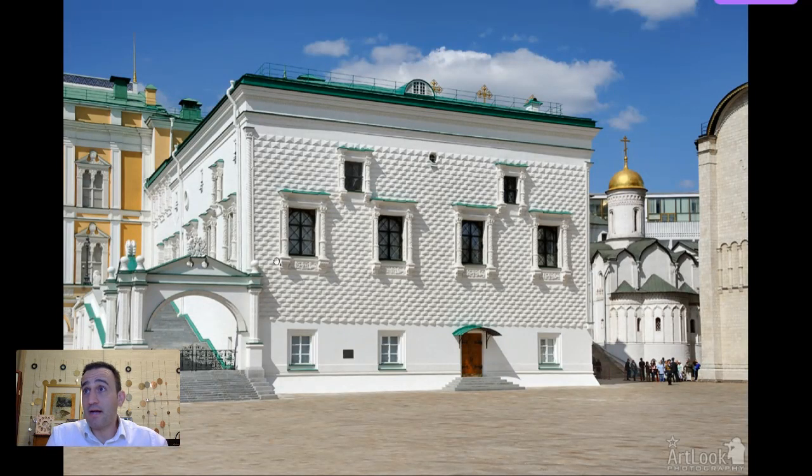Okay, the faceted palace. So this is interesting because it's built really to give a sense of familiarity. Well, first of all, I should say it's built not as a religious, not an ecclesiastical building. It's built as, what would be an American equivalent?